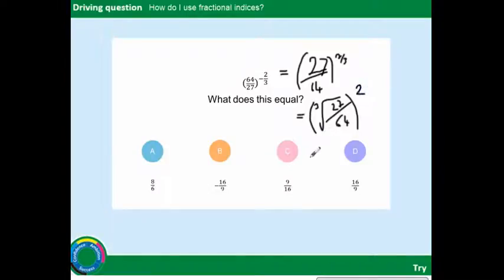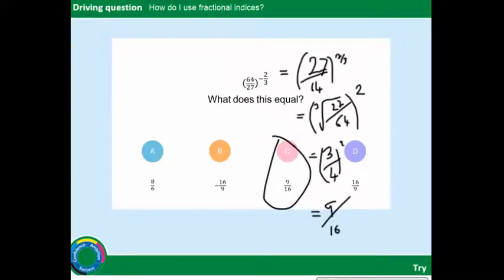The cube root of 27 is 3. The cube root of 64 is 4. 3 squared is 9. 4 squared is 16. 9 over 16. The answer is C.